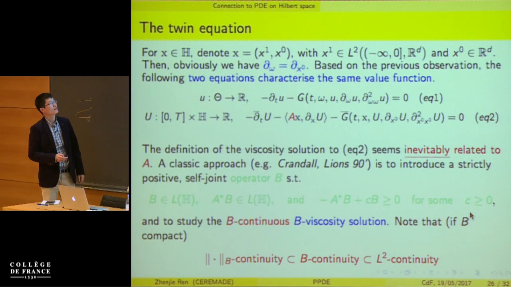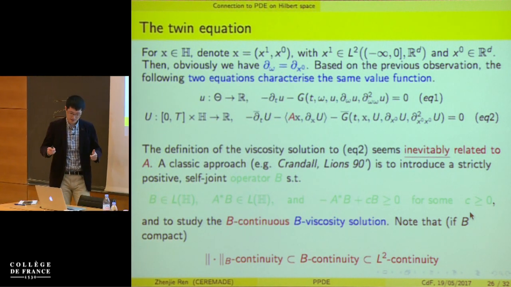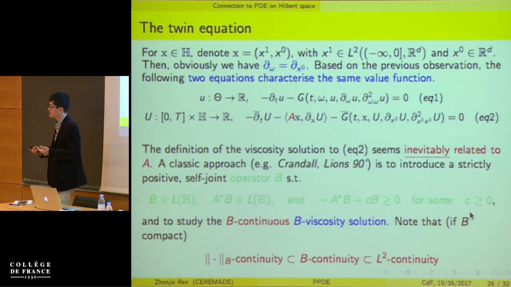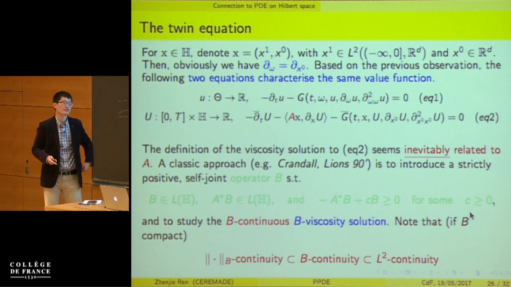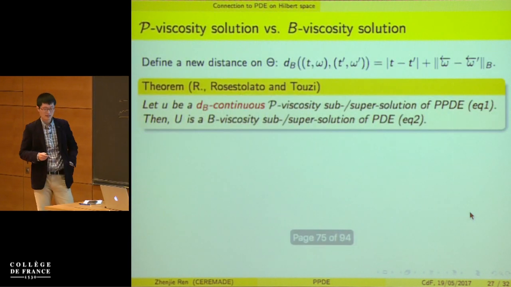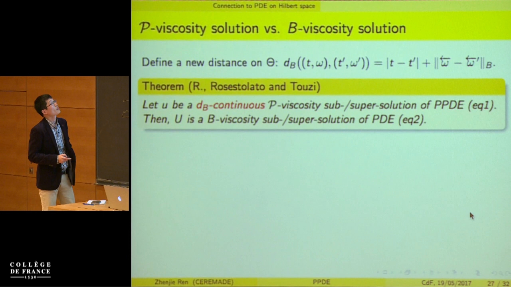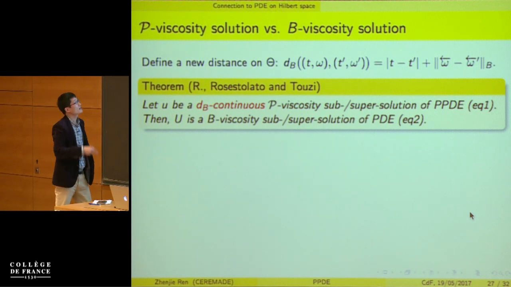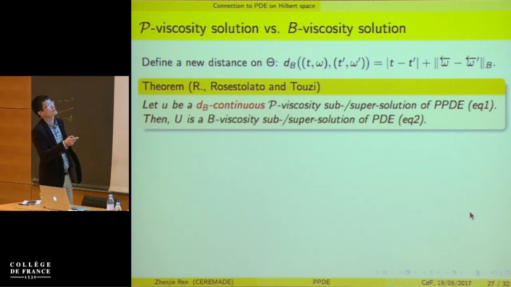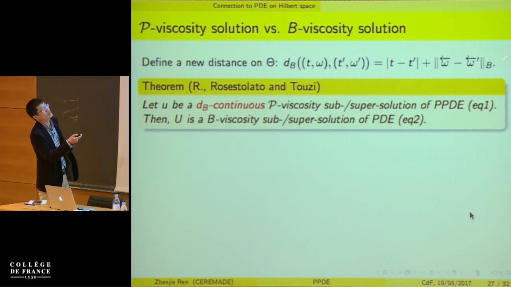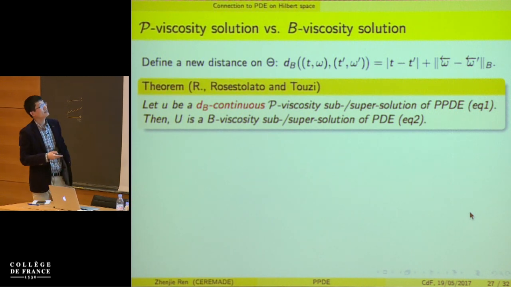And now, on this page we see the twin equation, but we haven't connected our definition of viscosity solution to the classical definition of this B viscosity solution. This is the content of the next page. If we define a new distance on the product space theta using this B norm, we replace the Lp norm by this B norm, we define the new dB.